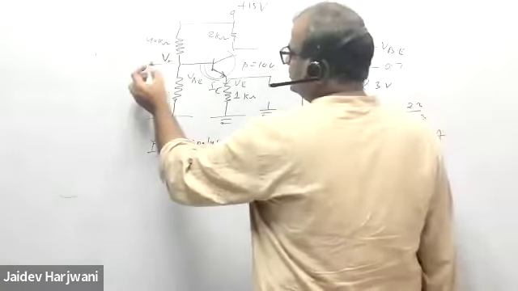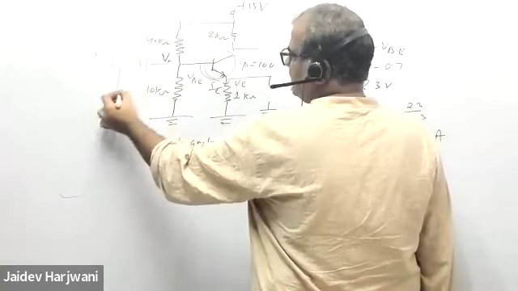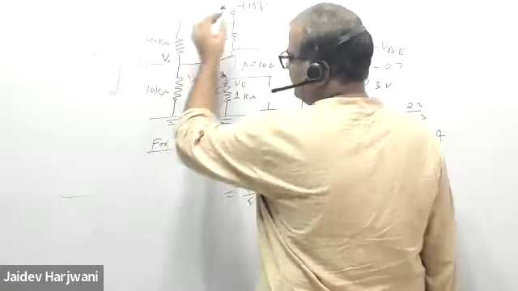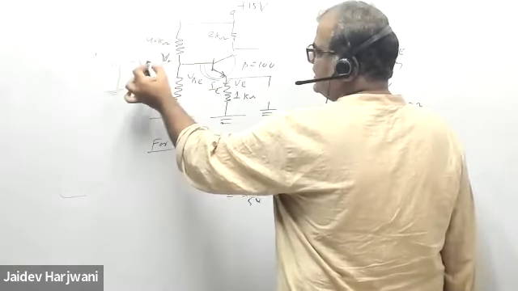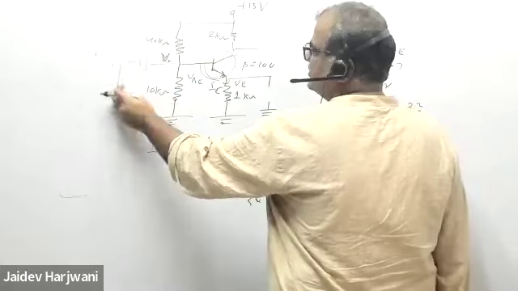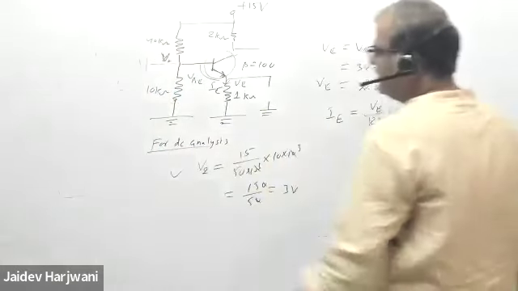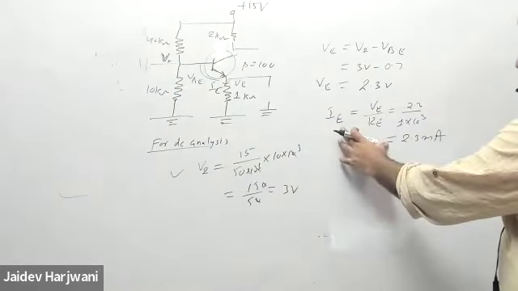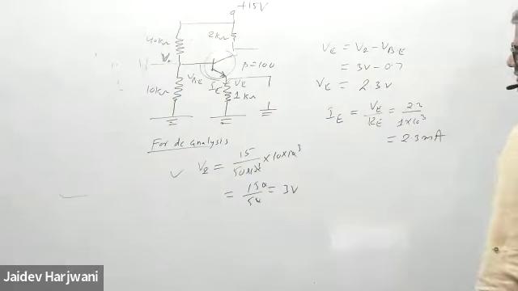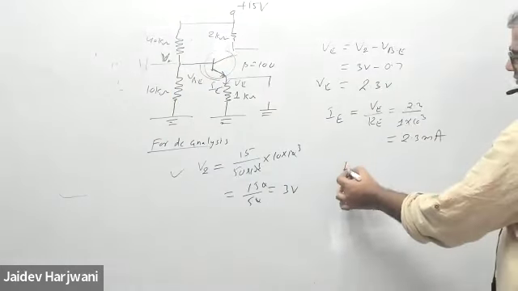Once you know IE, and now you know V2: for DC analysis I'll make AC 0, so V2 is basically the voltage across capacitor C1. That is the answer you can directly write. Similarly, now you can find IC.